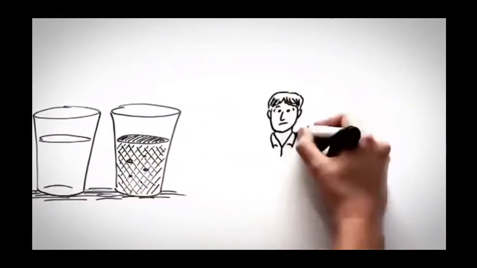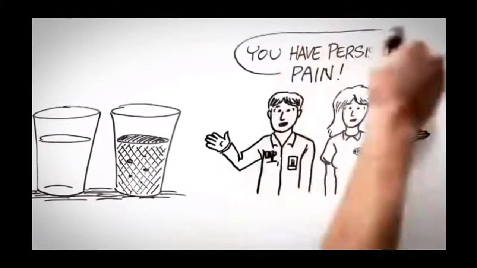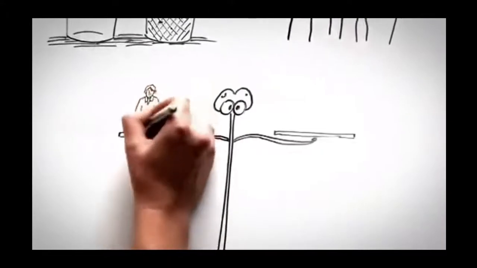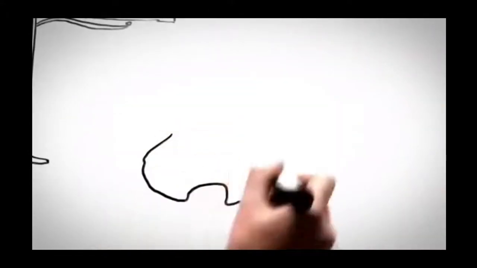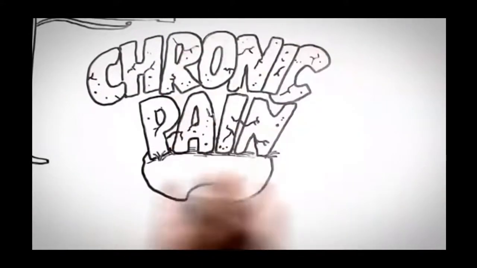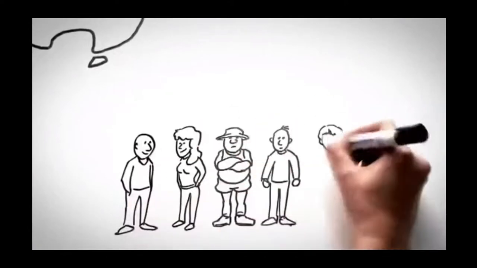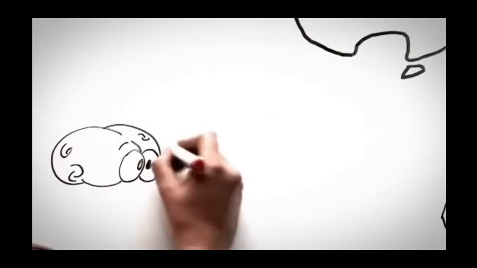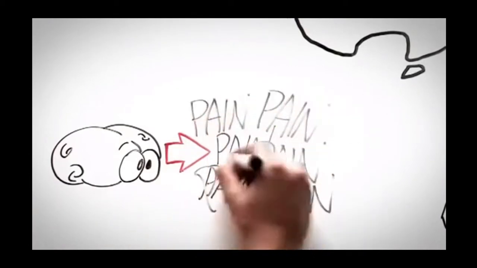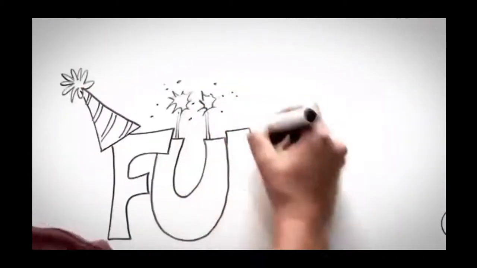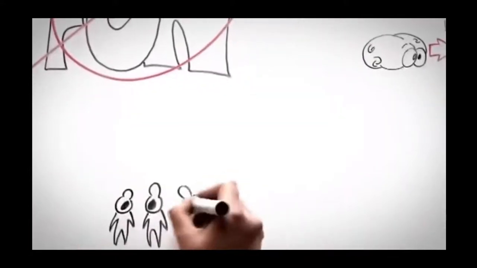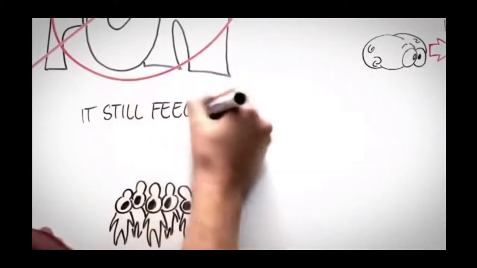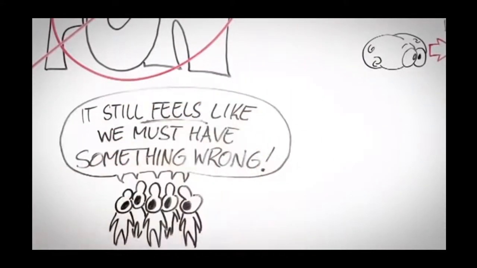What's less clear, though, when you're told you have chronic pain, is knowing what's best to do about it. Well, in Australia, chronic pain is a really big problem. In fact, 1 in 5 people have it. Having a brain that keeps on producing pain, even after the body tissues are restored and out of danger, is no fun. Some people say it still feels like they must have something wrong.